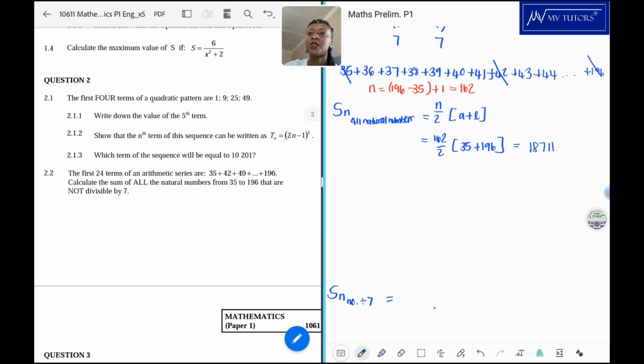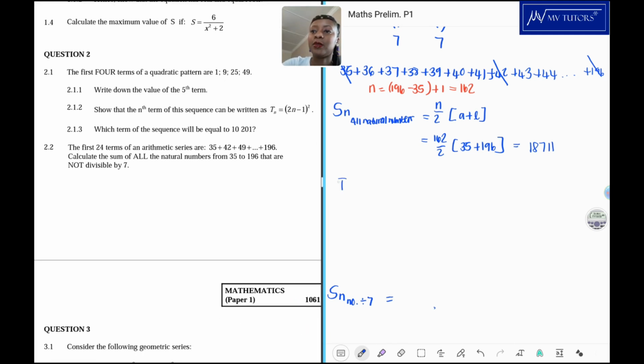Okay, so in our term formula, this is what we have. Our first term is 35, and our difference is 7. Look at me writing D again.